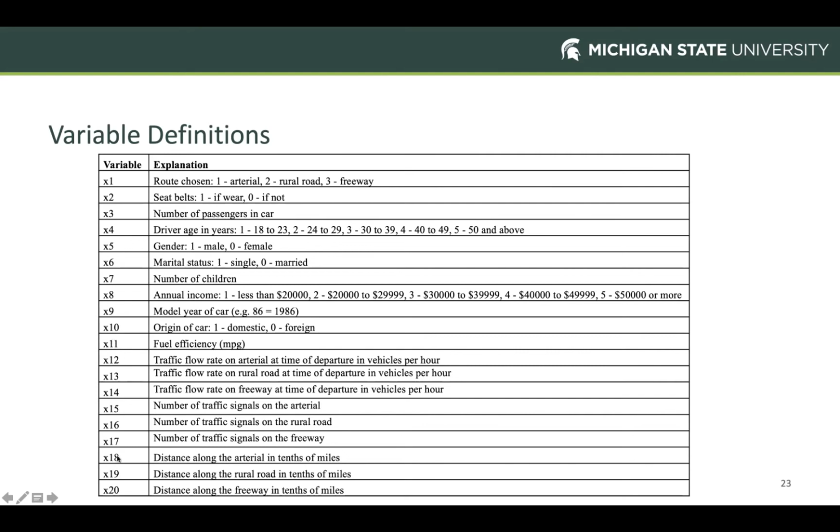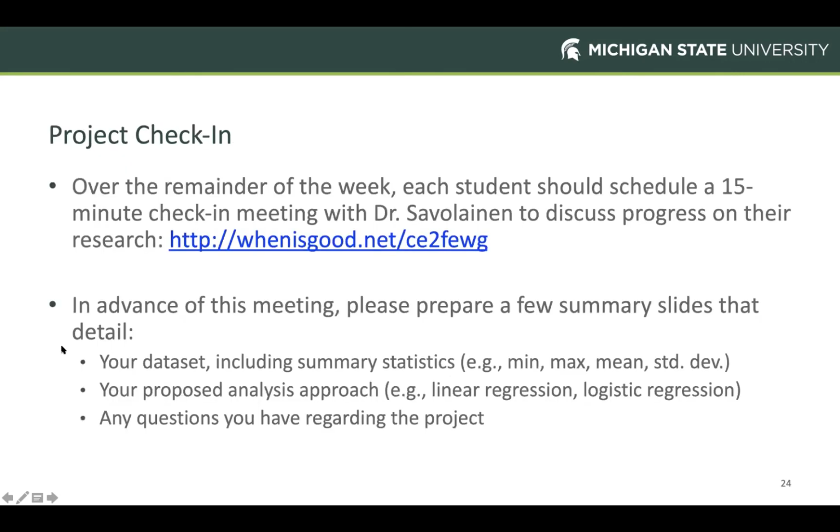And then we also have 3 pieces of information regarding those routes between the residential complex and the central business district. So we've got the flow rate in vehicles per hour on each of those routes. We have the number of traffic signals that are present along those routes. And then we also have the distance that the individuals would travel on those routes in tenths of a mile in this case, okay? And so we're going to work through that in a minute.